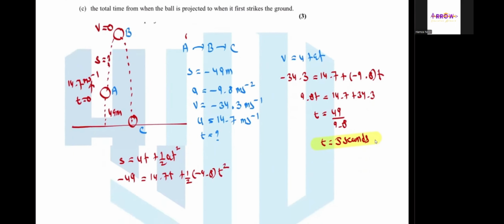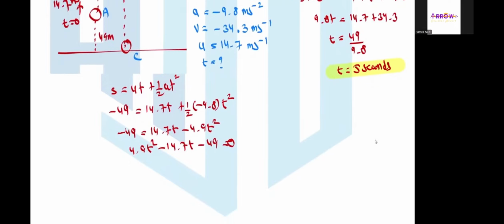You just solve the quadratic equation in terms of t and choose the positive value of t. So minus 49 is equal to 14.7t minus 4.9t square. So 4.9t square minus 14.7t minus 49 is equal to 0.